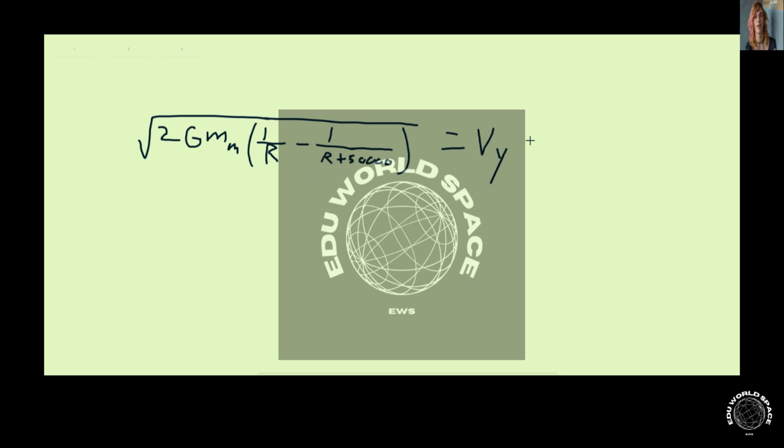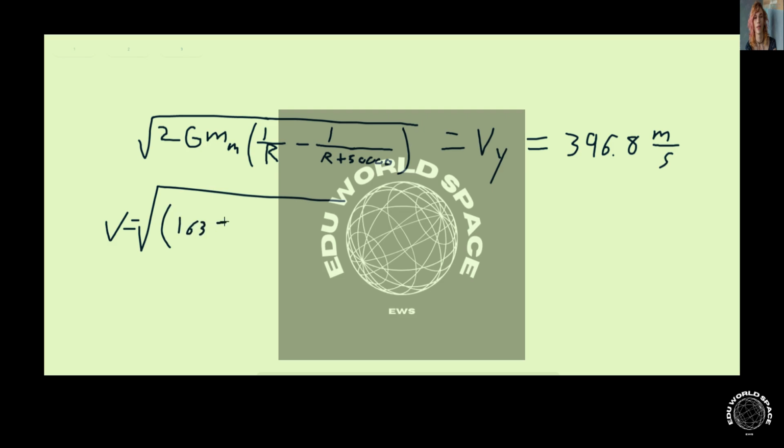So now that we know what all the numbers are, we can plug in and get a numerical answer. If you plug all those into your calculator, you should get something around 396.8 meters per second. So we know what our Vx is, we know what our Vy is. Now we just plug into the velocity formula. V equals the square root of 1635.3 squared plus 396.8 squared.